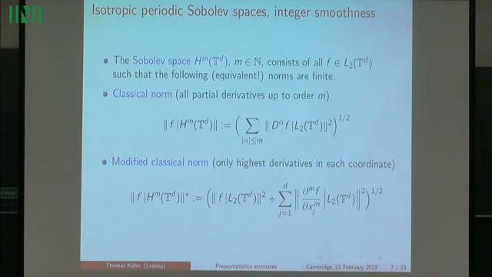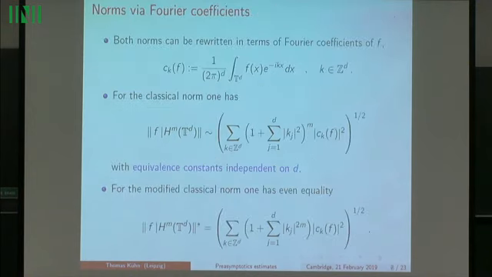And then a modification of this norm is you take only the highest derivatives in each coordinate direction. So you take the L2 norm of the function and then only the highest derivatives in each direction. These are equivalent norms. So this was our model to introduce somehow natural norms on the spaces we are using. So we can easily rewrite both of these norms in terms of the Fourier coefficients.